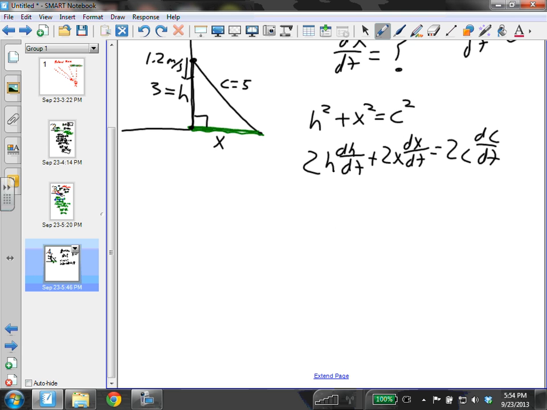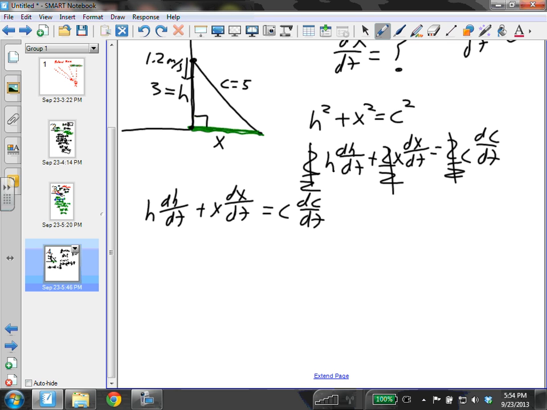And I'm going to do the exact same thing I did last time, where I divide everything by 2 to simplify this equation to h dh dt plus x dx dt equals c times dc dt.